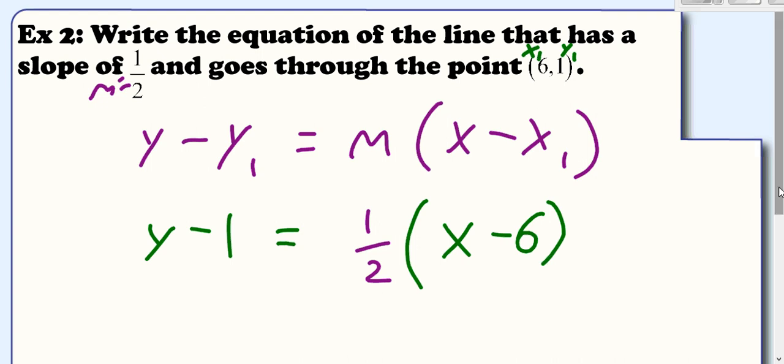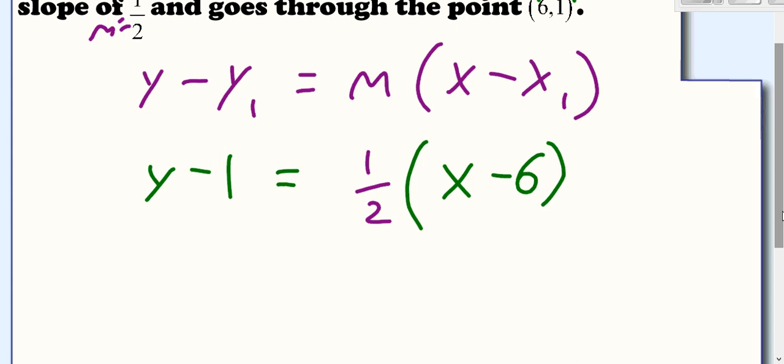We're going to do a little bit of algebra just to convert it into slope-intercept form, though.